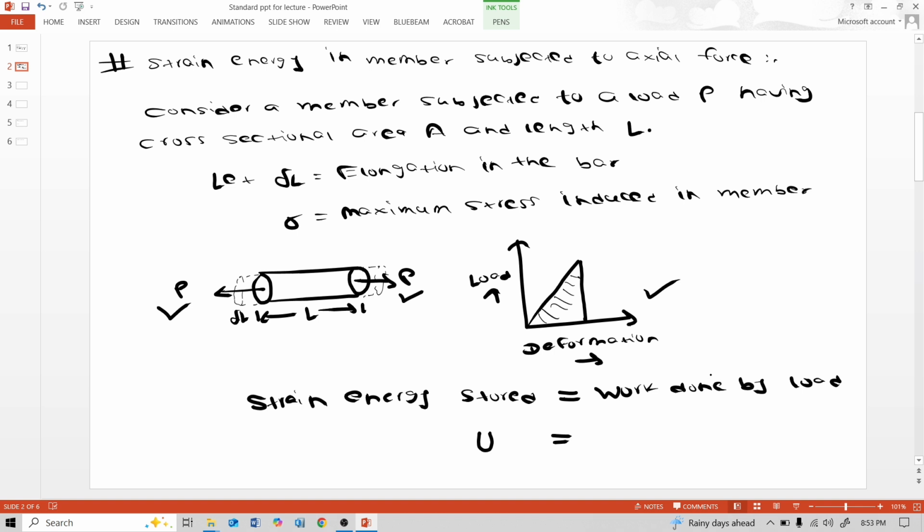That means the strain energy stored in a material is equal to the area under the load versus deformation curve. And the area of this triangle is half. This is the P load, load is denoted as P, multiplied by deformation denoted as delta L. And this is a triangle, and the triangle area is half of this side and this side, half height into width.